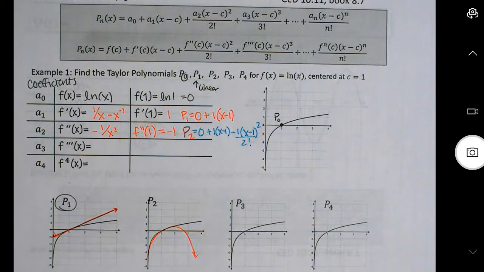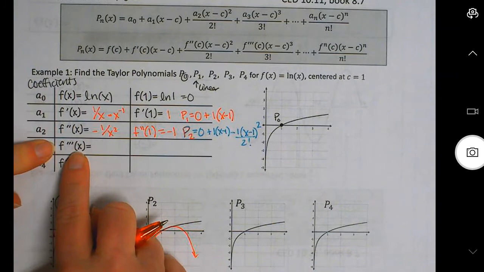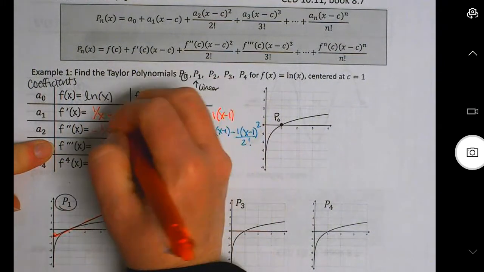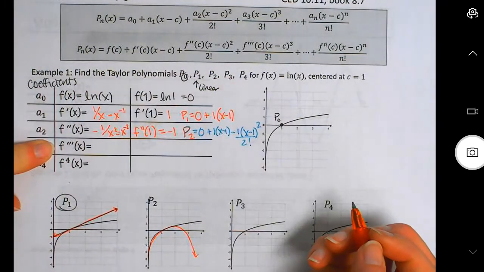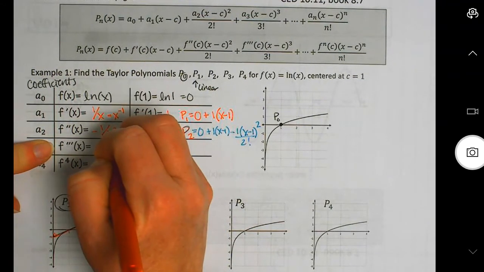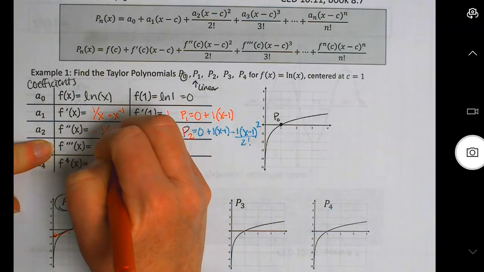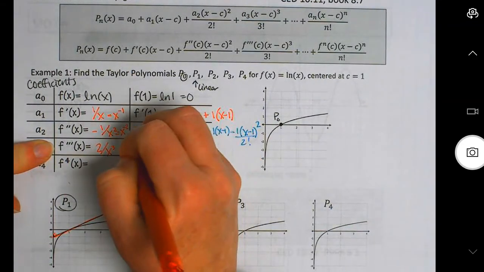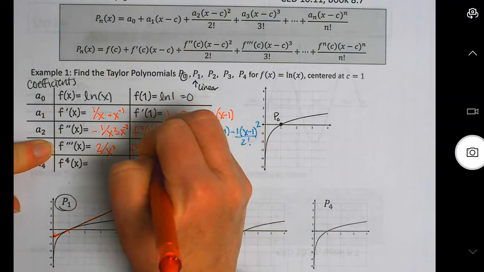To make our polynomial have more terms, we need to take a third derivative. So what's our third derivative? x to the negative 2, so 2x to the negative 3, so 2 over x cubed. So f triple prime of 1 equals 2.